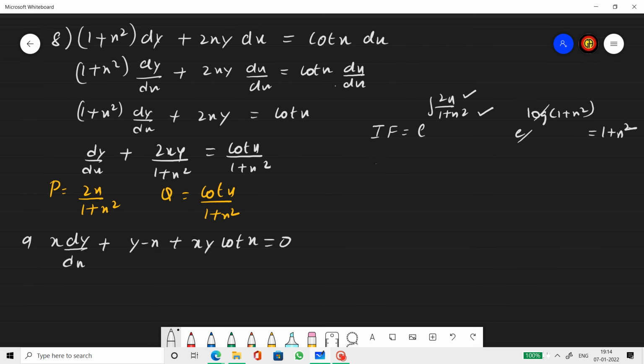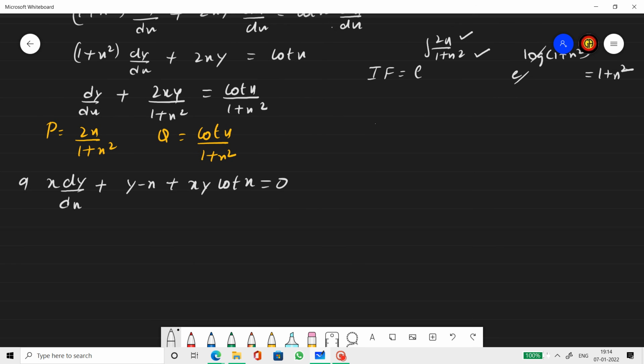Question number 9. Again, not in the standard form. So let's first group all the y's and x's here. Let's first divide by x: dy by dx plus y by x minus 1 plus y cot x equals 0.